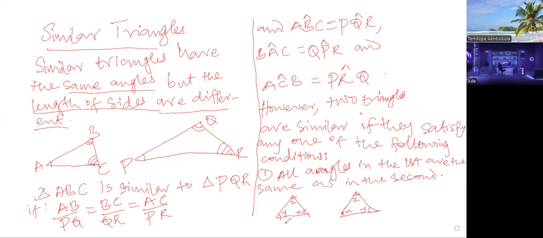So you have triangle A and triangle B to be similar because all angles in A are the same as that of B. Does that make sense to you? Yes, sir. So when you're done writing that, let me know.